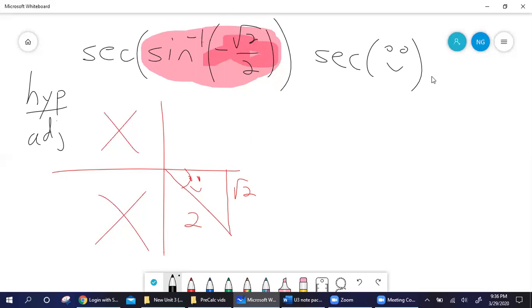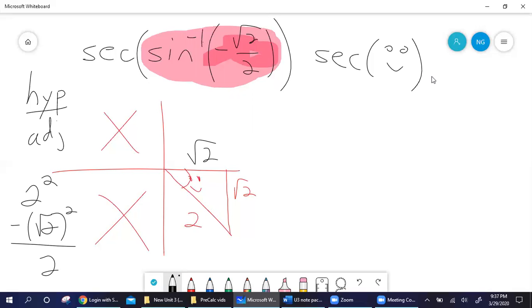So I just got to figure out what the heck the adjacent is, which I can use Pythagorean theorem. So this would be 2 squared minus root 2 squared. And that's going to be 4 minus 2, which is 2. But then I square root that, root 2.